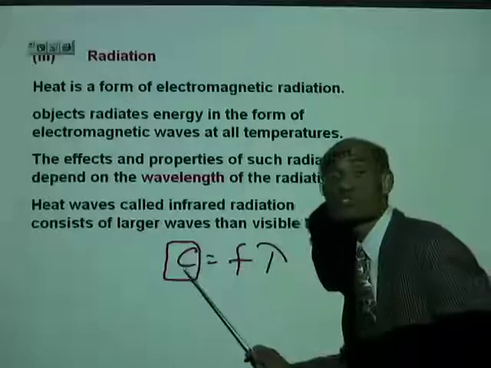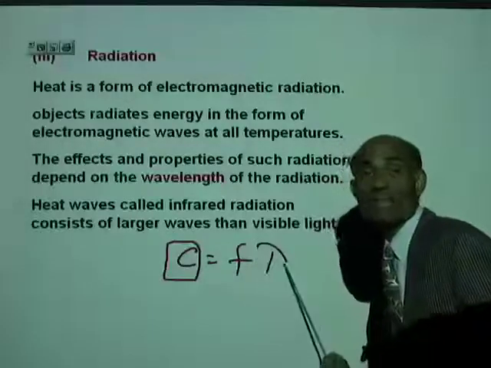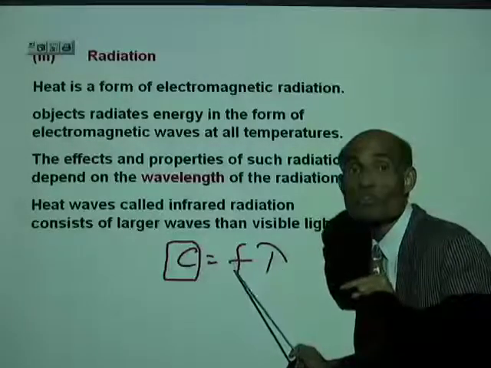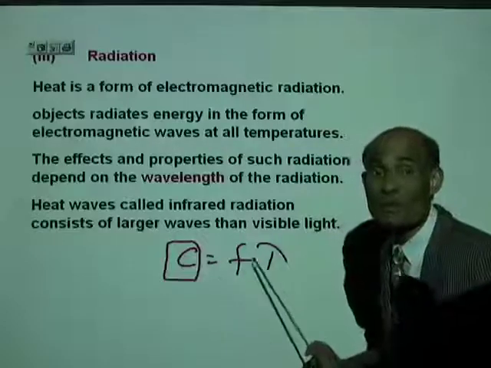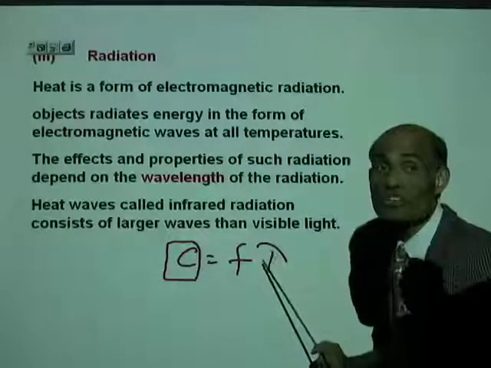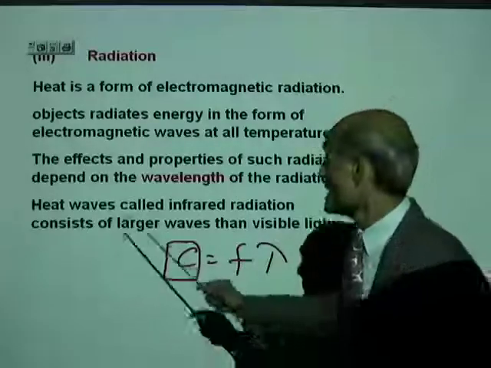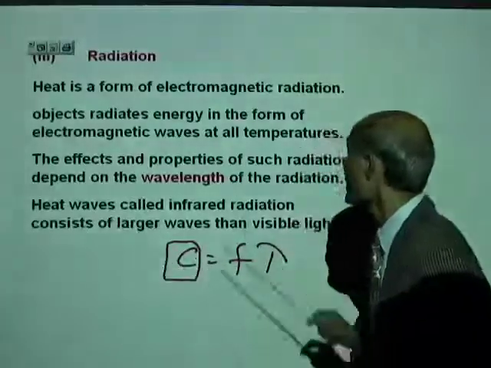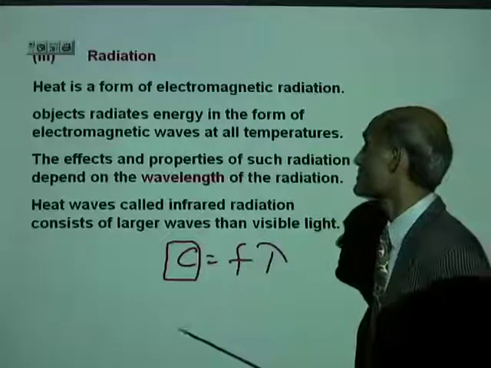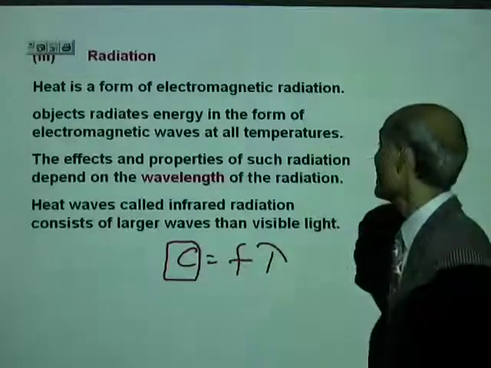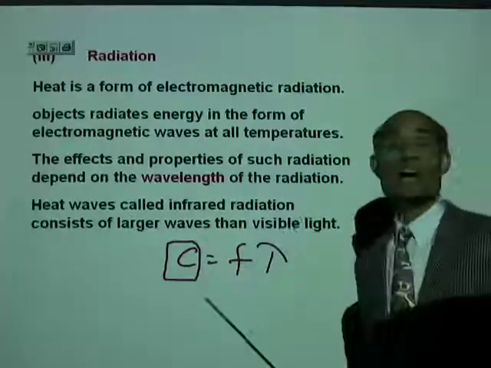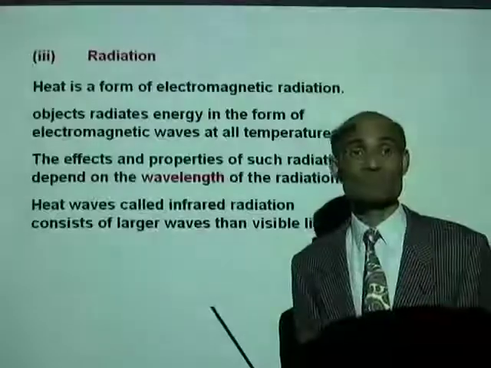So if c doesn't change, when the wavelength increases, the frequency has to decrease. When the wavelength decreases, the frequency has to increase. Now, heat waves are called infrared radiations, and they consist of longer waves than visible light.